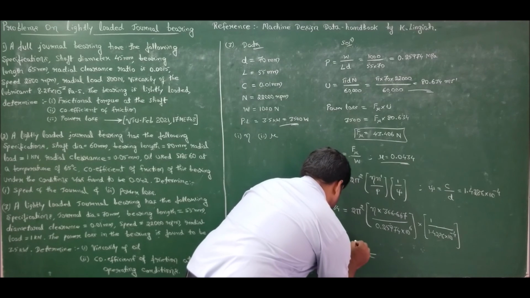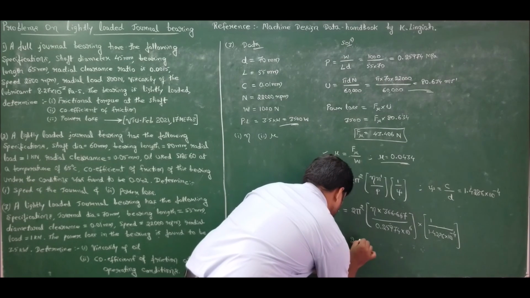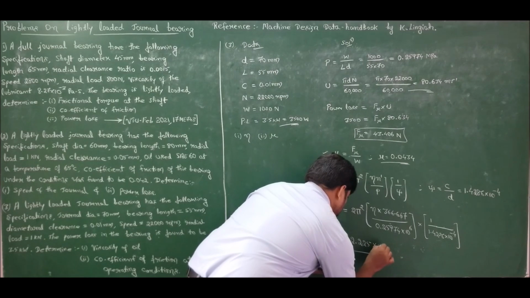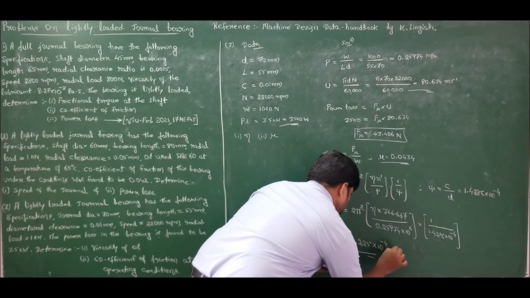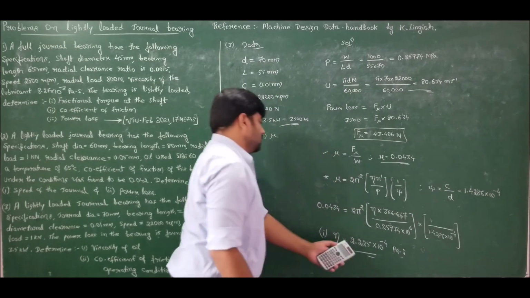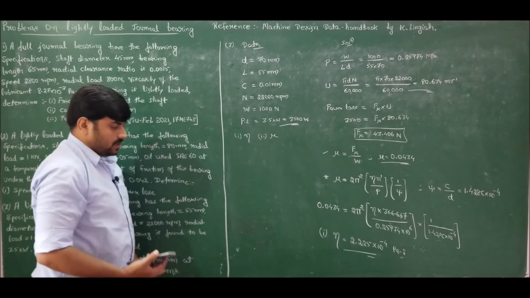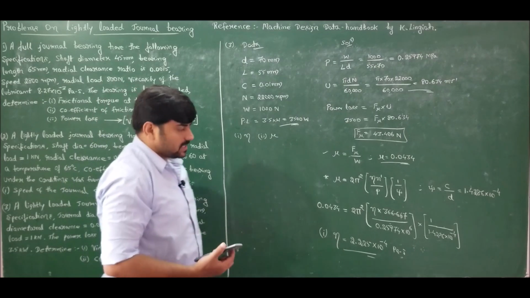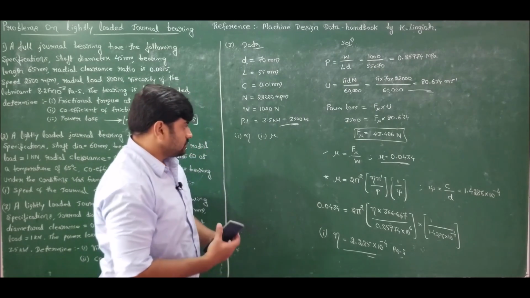I'll get the answer as 2.225 into 10 to the power of minus 4 pascal second. The viscosity of oil is 2.225 into 10 to the power of minus 4 pascal second.